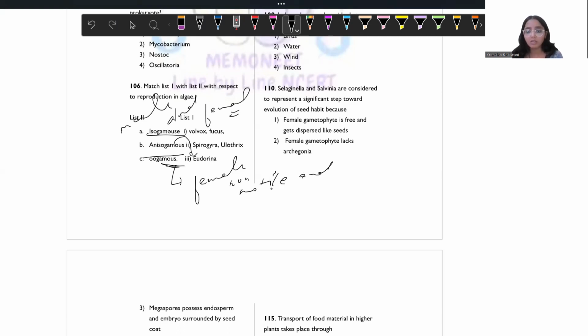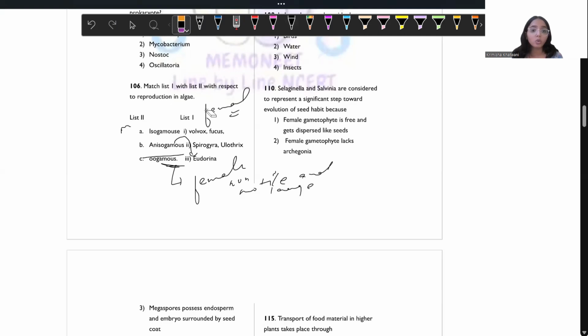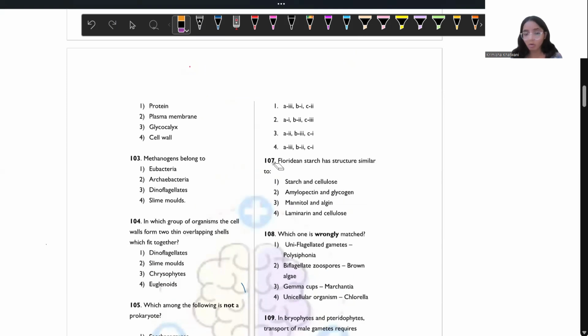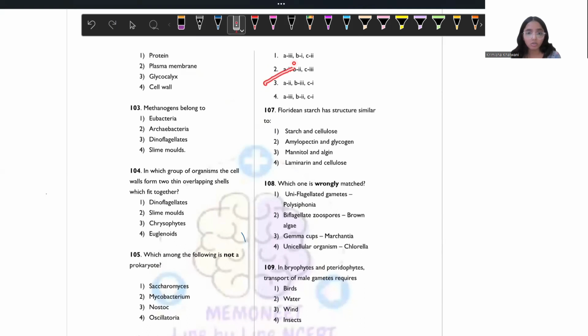This can be seen in Volvox and Fucus. So the answer would be A2, B3, C1. Option number 3 is the correct answer to this question.